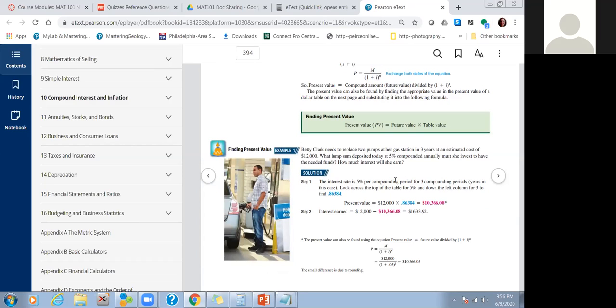If you're doing the computation by hand, then you're dividing by that 1 plus i raised to the n. That's shown here at the bottom of page 394. I just want to point out, if you're using the tables, notice here in example 1 that they multiplied. The table values in chapter 10, section 3 represent 1 over 1 plus i raised to the n. So that means you will do the same pattern that you did in chapter 10, section 1.